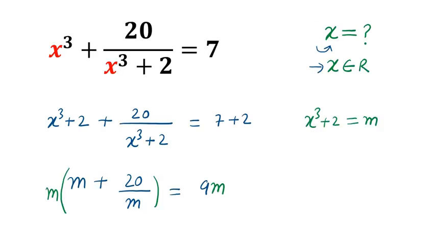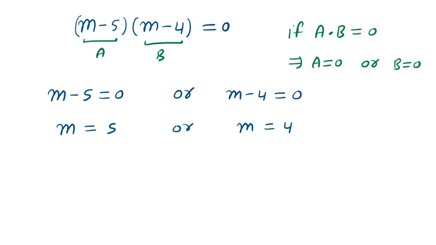Now look carefully, here m is equal to x cube plus 2. So replace m by x cube plus 2 is equal to 5, or x cube plus 2 is equal to 4.